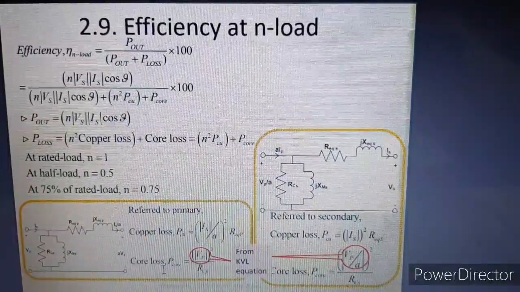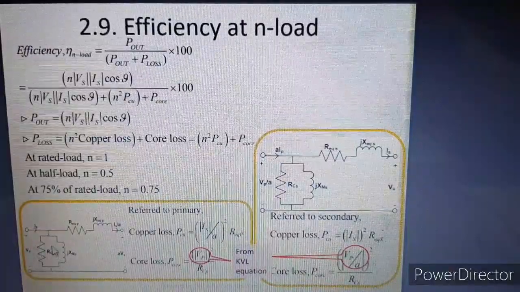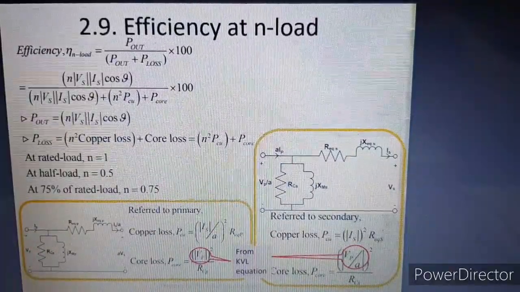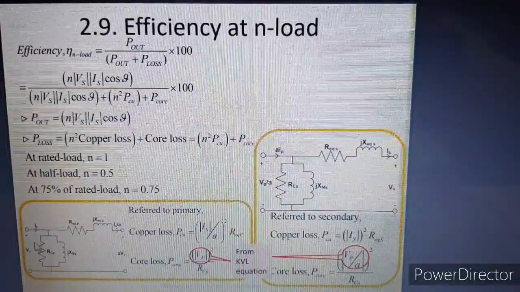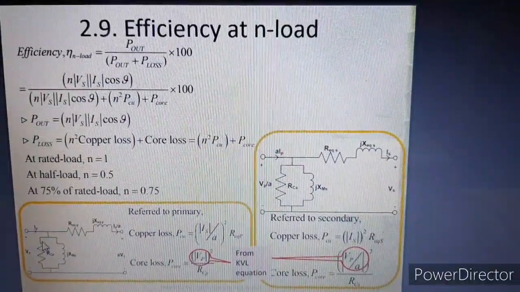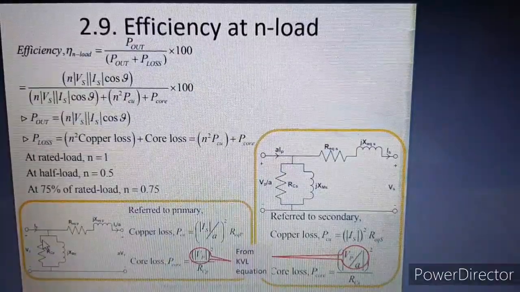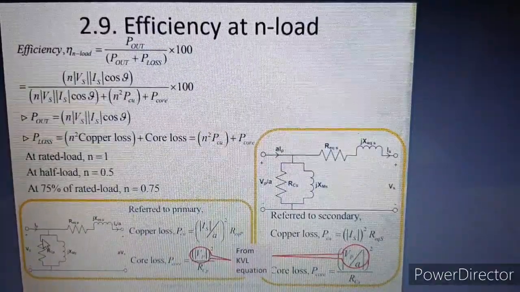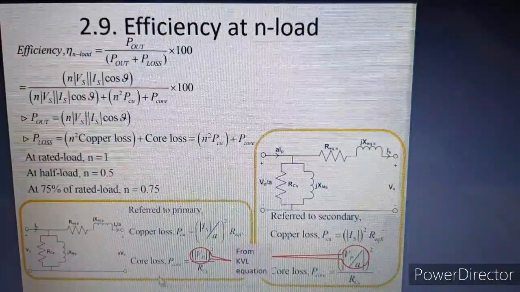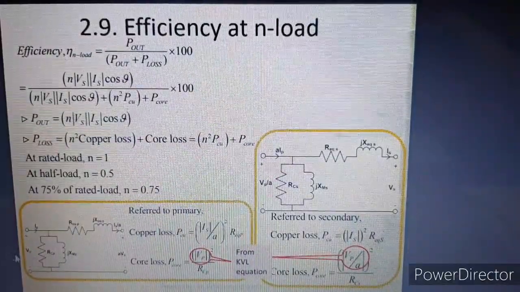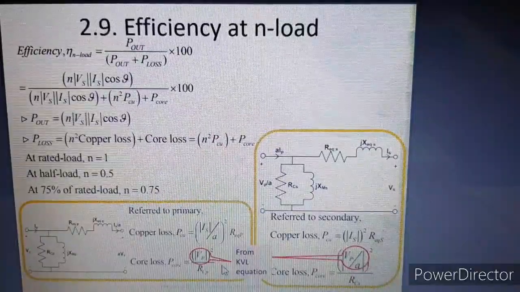Core loss is the losses at your RC. If you're using reflector primary, since we don't know the current, we will be using the formula for power in terms of voltage, that is P equals V squared over R, right? So core loss becomes VP squared over RCP.